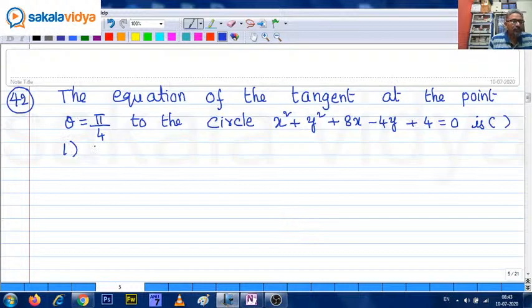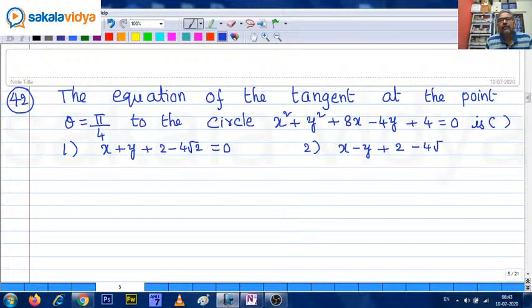First option is x plus y plus 2 minus 4 root 2 equals to 0. Second, x minus y plus 2 minus 4 root 2 equals to 0.